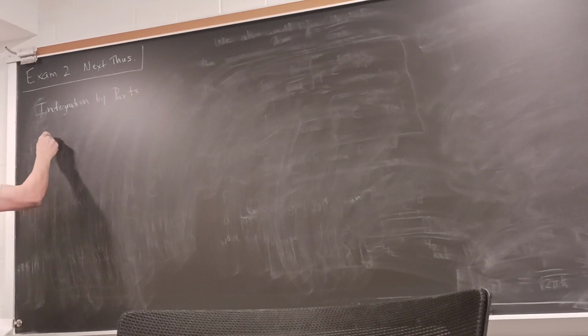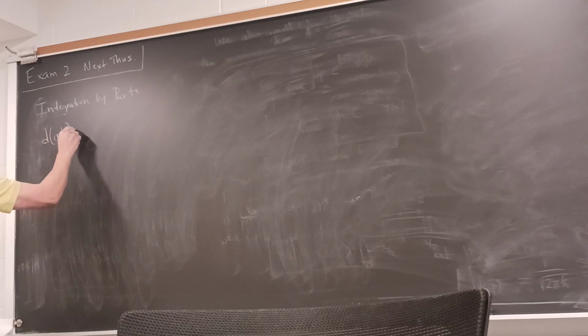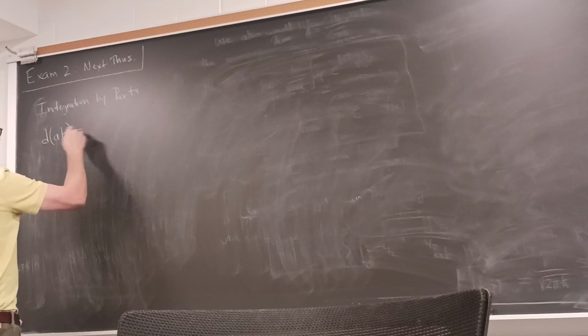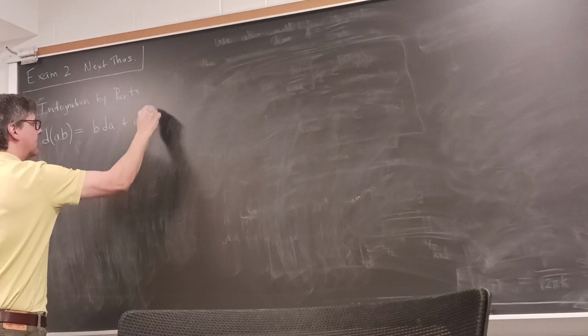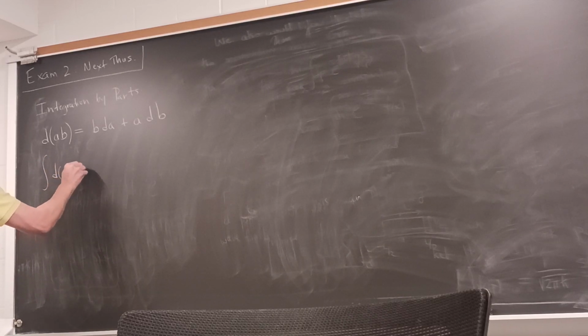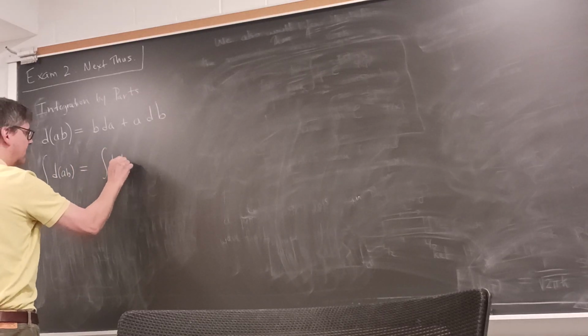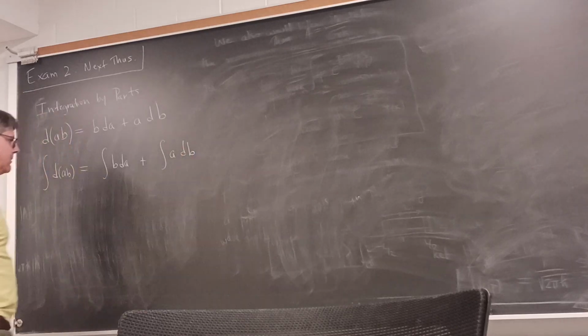Okay, so A and B now are some kind of things I can take a derivative of. If I take the differential of AB, this will be B dA plus A dB, right? Everybody's in agreement with that? Yeah. And now I can integrate both sides. If I integrate d(AB), that's the integral of B dA plus the integral of A dB.